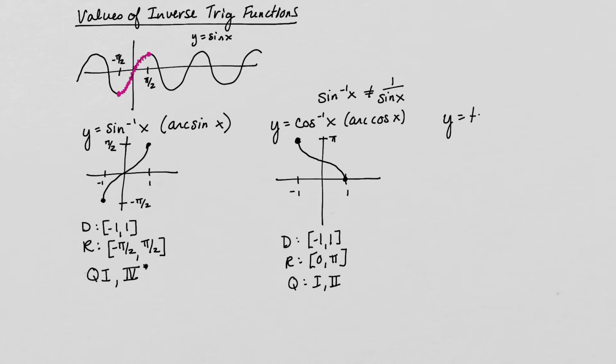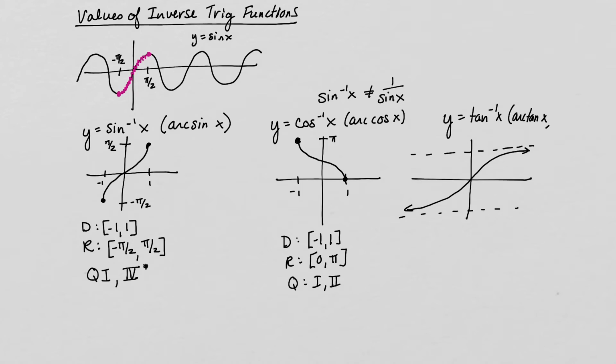The last one I'm going to draw is y equals the inverse tangent of x, or the arctan of x. This function actually looks like this. Remember, when you're trying to find inverse functions, you're swapping the x and y, or reflecting the graph over the line y equals x. That's how I'm getting these. The domain here is from -infinity to infinity, and the range is from minus pi over 2 to pi over 2.